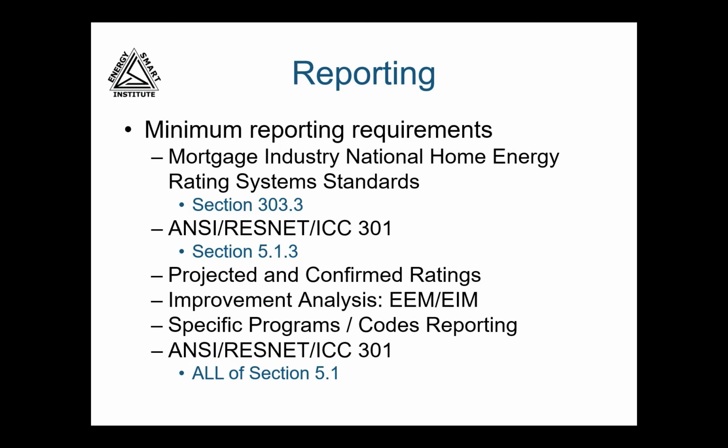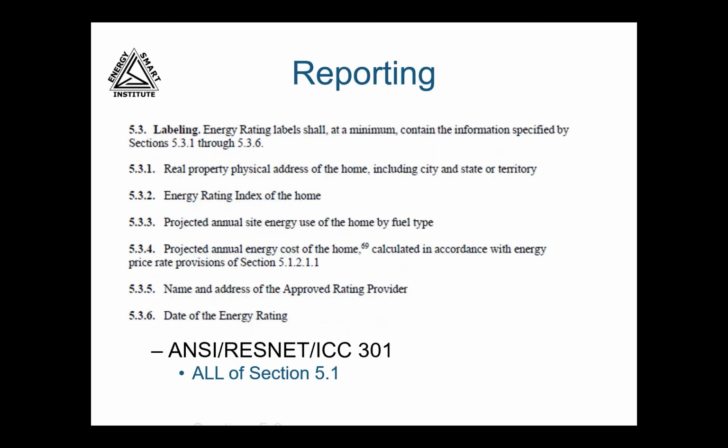One additional report to consider is the energy rating label. Most codes require a label on the electric panel, which indicates the energy efficiency aspects of the home. The minimum requirements for this report are found in Section 5.3 of Standard 301 and include property address, the index number, the projected energy use by fuel type, as well as the projected annual energy costs, the name of the approved individual or company providing the energy rating, and the date the energy rating was completed.